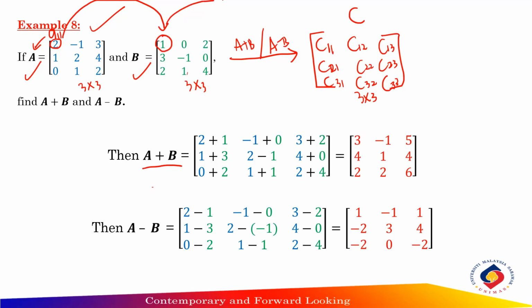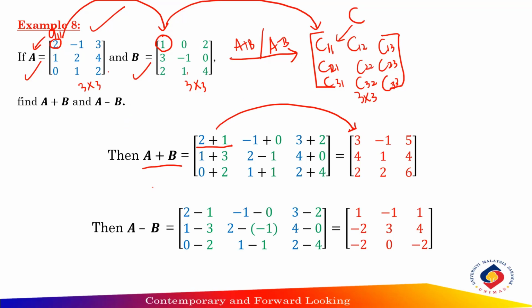And then the outcome of this addition must be an element at the same position, row 1, column 1, of matrix C, the outcome of this addition. As you can see here, we have 2 plus 1, and then the outcome is 3.